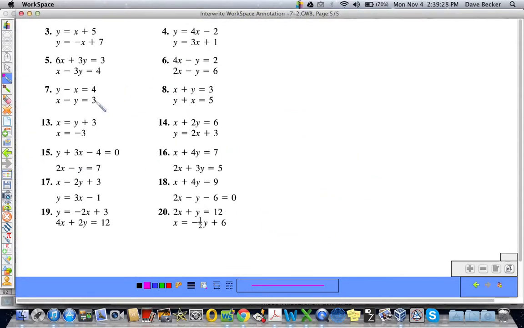And then last example, let's just pick one randomly. Let's say number 14 will do. Okay. So that one already has y solved for. So I have x plus 2y equals 6, and y is already solved for.